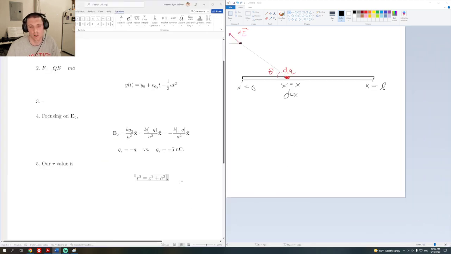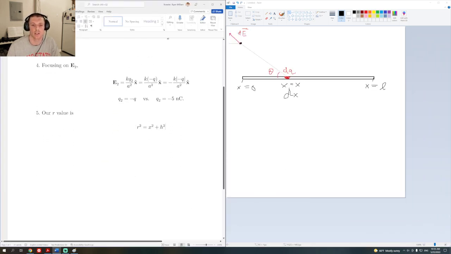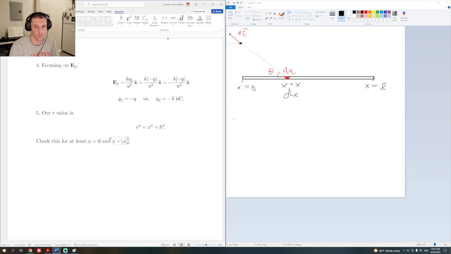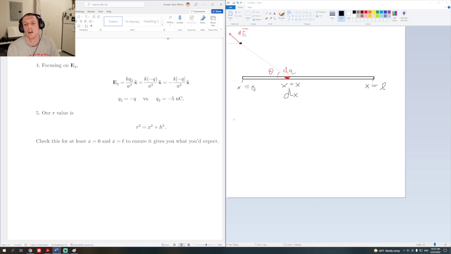Yes. So you want to check this for at least x equals 0 and x equals L, to ensure it gives you what you'd expect.